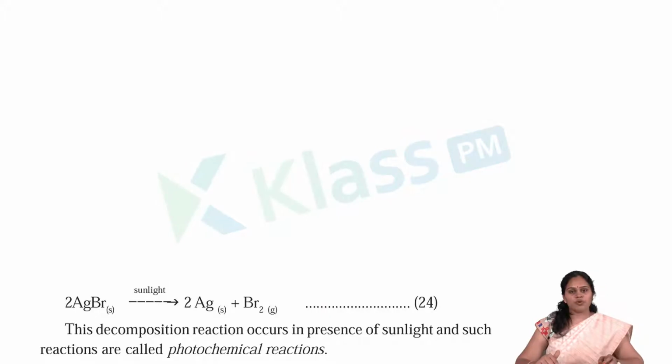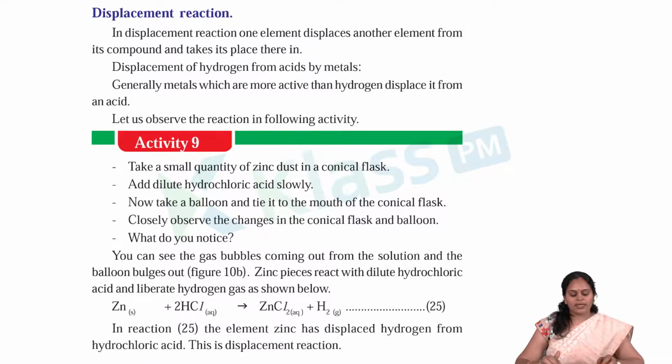When it is exposed to sunlight, it transforms to grey color. Why is it happening? Silver bromide decomposes to silver and bromine in sunlight. Light yellow colored silver bromide turns grey due to sunlight. That is 2AgBr, a single substance decomposing to two other substances, that is 2Ag plus Br2.